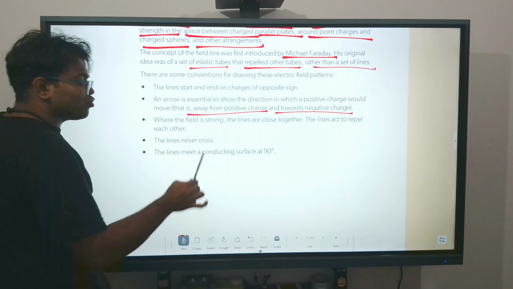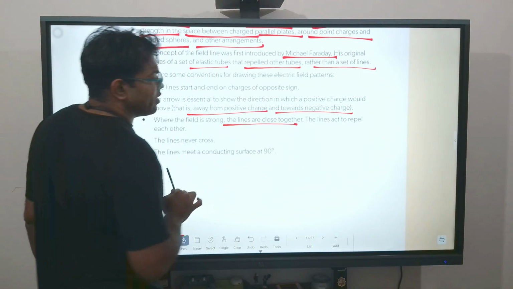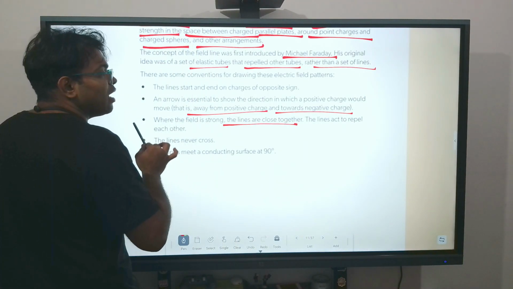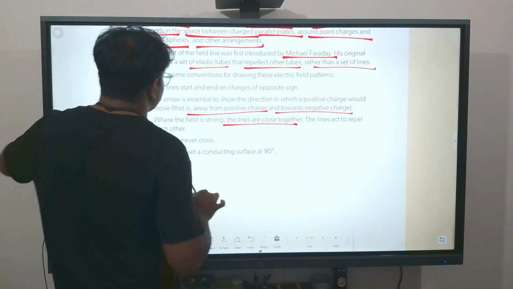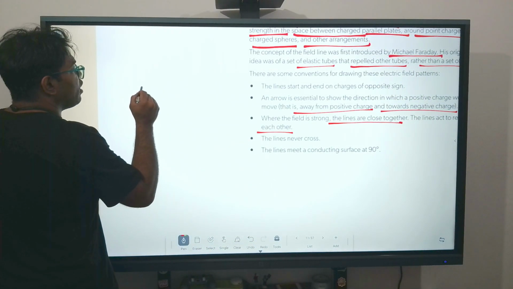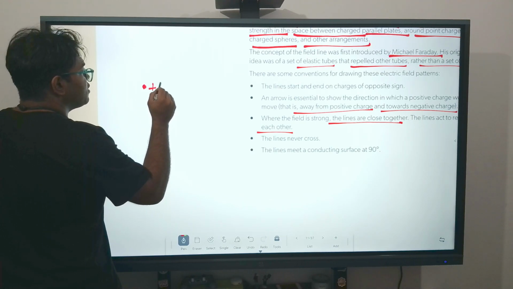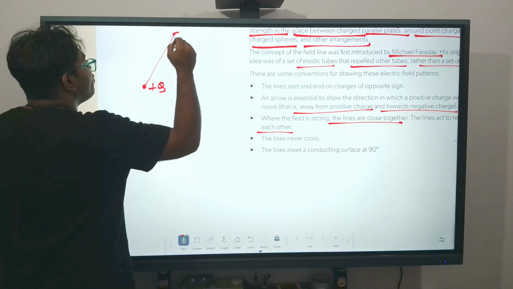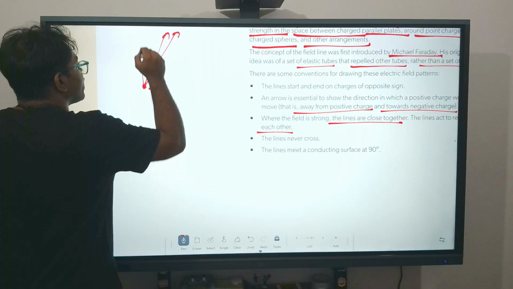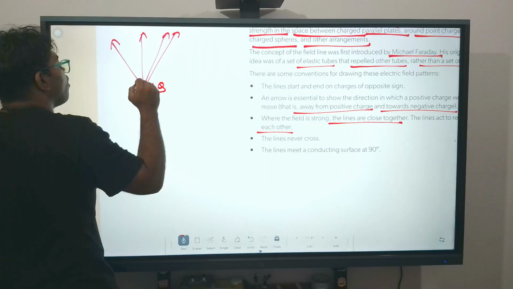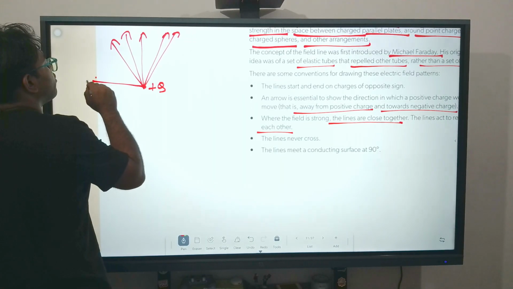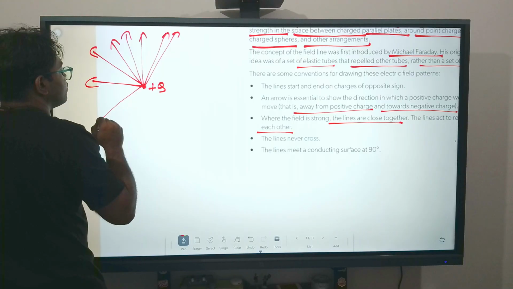Where the field is strong, the lines are close together. The lines act to repel each other. So basically, if you have a positive charge here, plus q charge, all the field lines would be coming out like this, straight out of this charge.